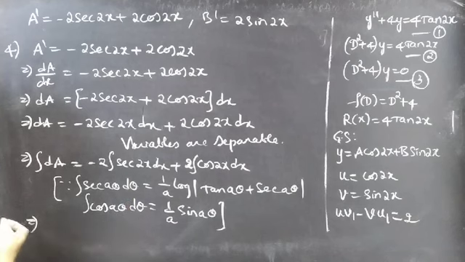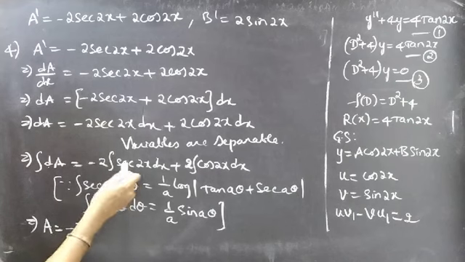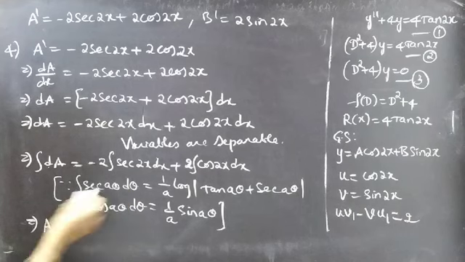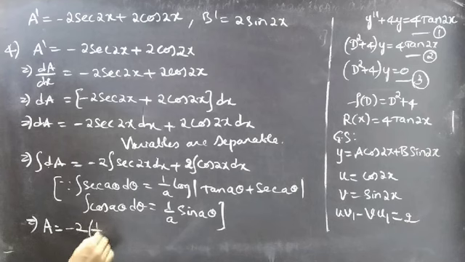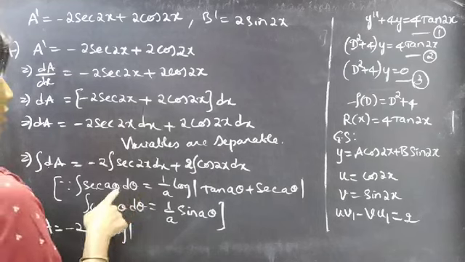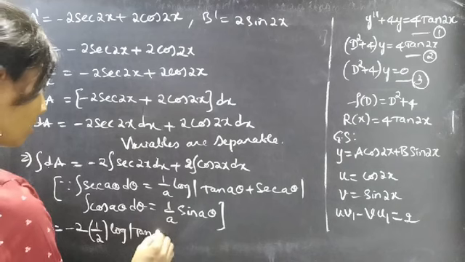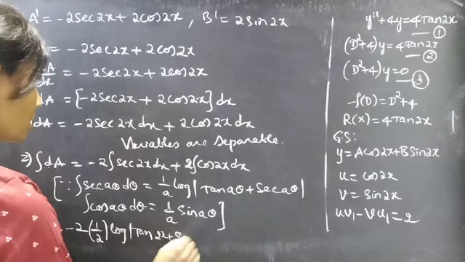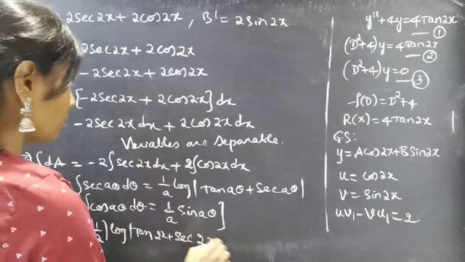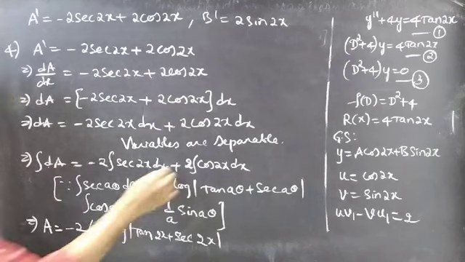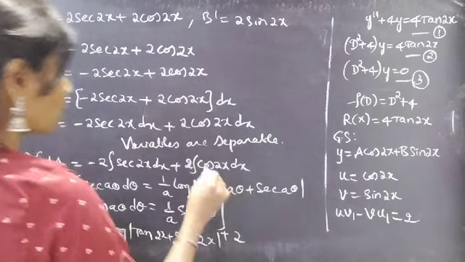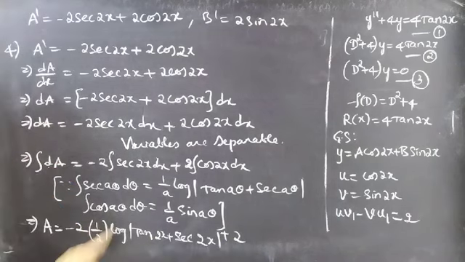We'll get integral dA equals minus 2 into, just compare secant 2x with secant a theta. For a equal to 2 we'll have 1 by 2 log mod, and for x equals theta we'll have log mod tan a theta plus secant a theta, plus 2 into, now compare cos 2x with cos a theta.